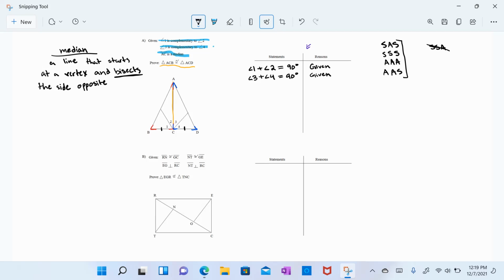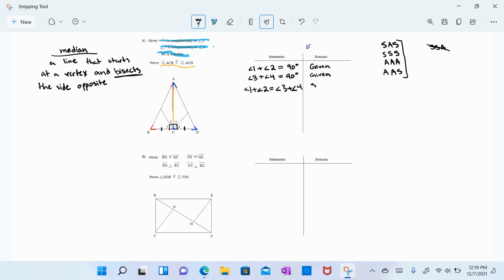And what we're going to try to do, because we have that this is a right angle and this is a right angle, is use substitution to show that these two angles are equal to each other. So we're going to do angle 1 plus angle 2 is equal to angle 3 plus angle 4.